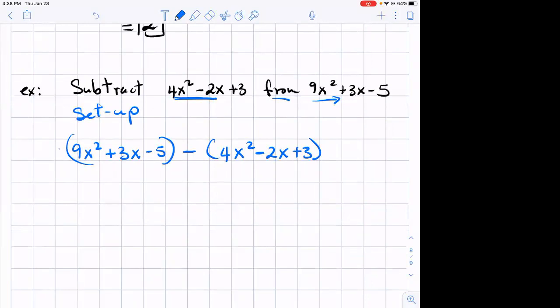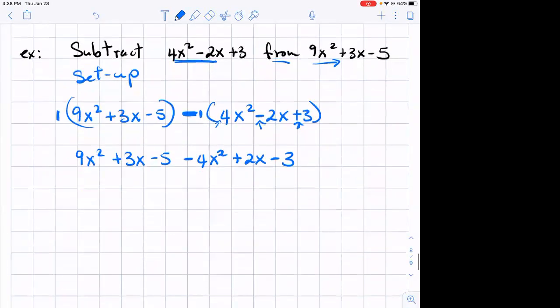Getting rid of the parentheses, once again, is a plus 1, and when you distribute a plus 1, nothing inside changes. But on this side, you're distributing a minus 1, so all of these signs will change. A minus 4x squared, this becomes a plus 2x, and this becomes a minus 3. And now we combine like terms. The x squared term with the x squared term: 9 minus 4 gives me 5x squared. Then we go down the line again.